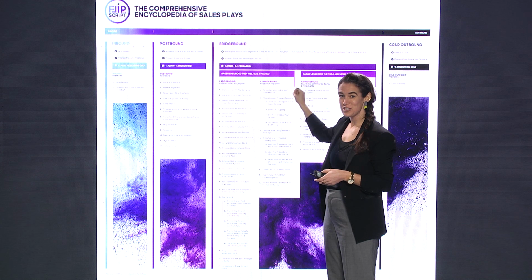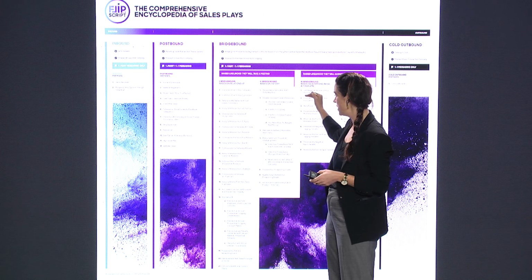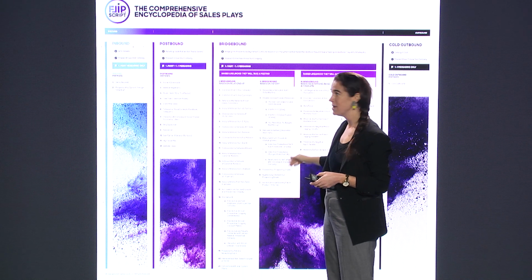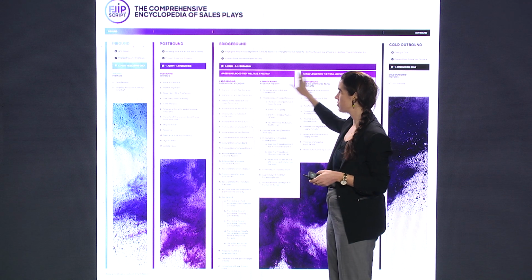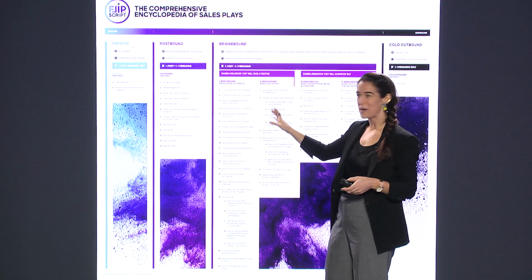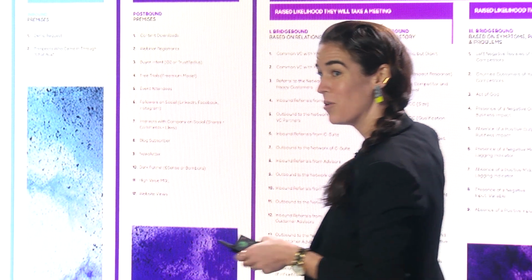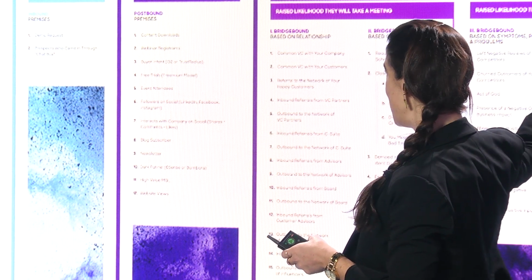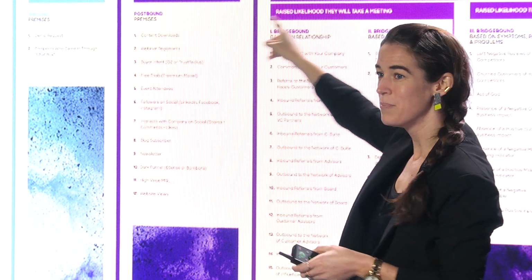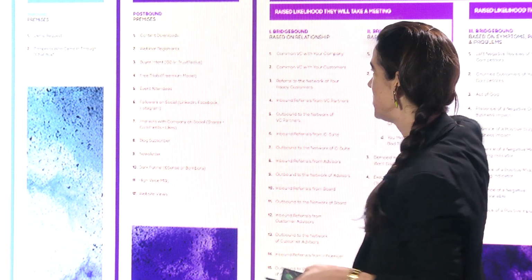I'm going to give you definitions for each one of these, and we're going to walk through each one of these plays and what they are. But essentially those are the four categories. So from a graphical perspective, far left is inbound, middle left is postbound, middle right is bridgebound, and far right is cold outbound. And again, you can use that bar to see which level of inbound to outbound it is.